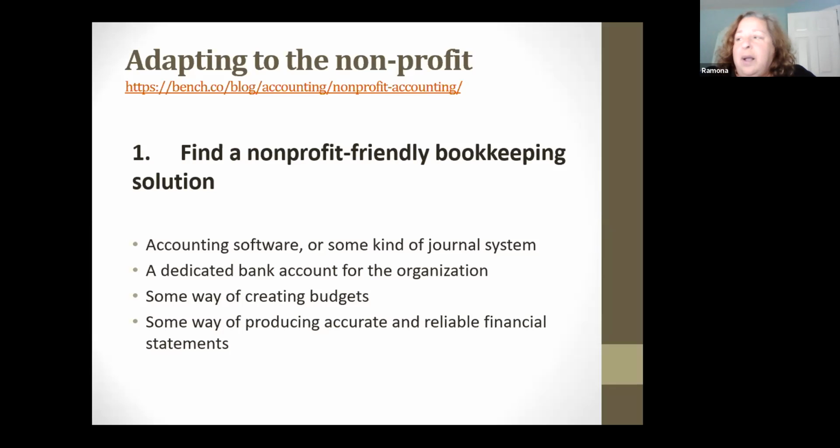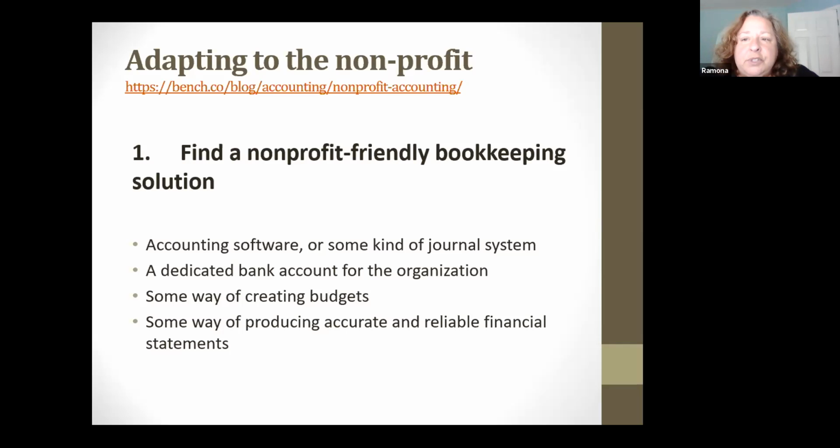Again, I have worked with folks that have started up nonprofits, and no, you can't use your home bank account. I worked with a committee within a church, and we even set up the committee's own bank account just so it wasn't commingled with the church's Sunday contributions and things like that.